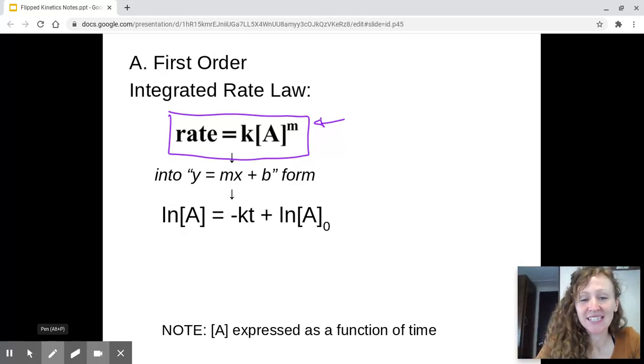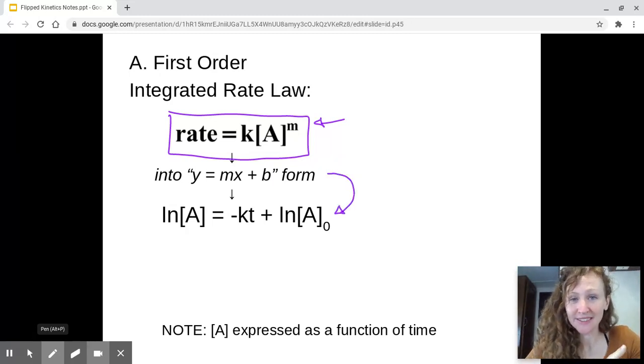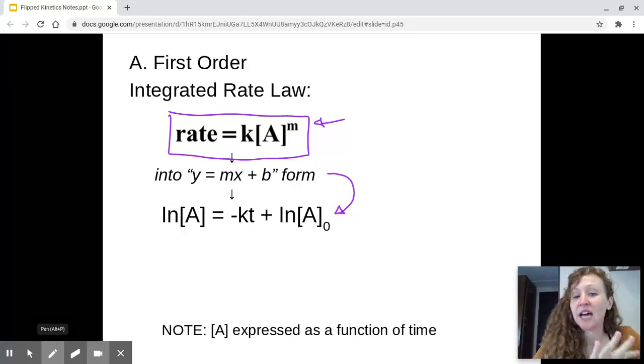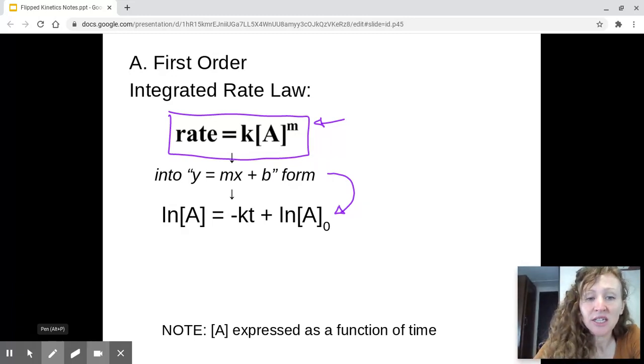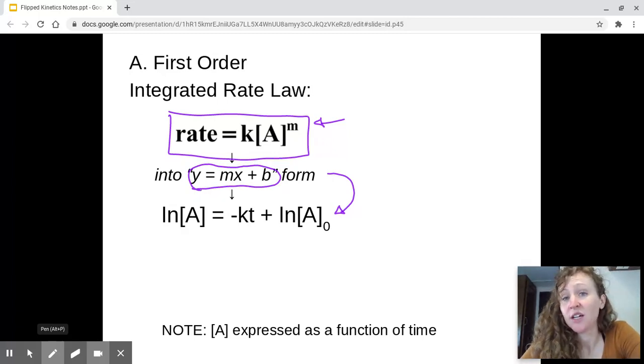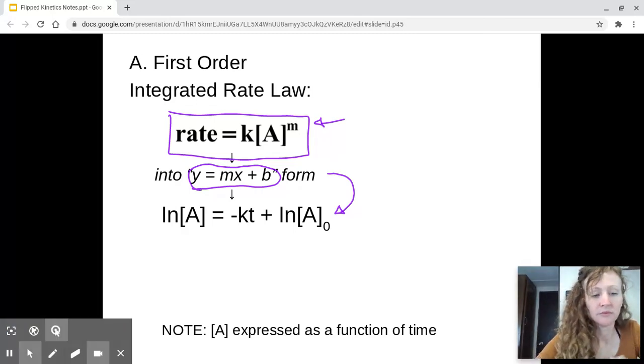As you can see, in the case of this one, that results in a natural log being introduced. If you take the natural log of both sides, all the pieces get separated from each other. The k gets separated from the concentration, and it gets reorganized into a form that can represent a graphing equation. So we can reorganize this integrated rate law into the y equals mx plus b form.